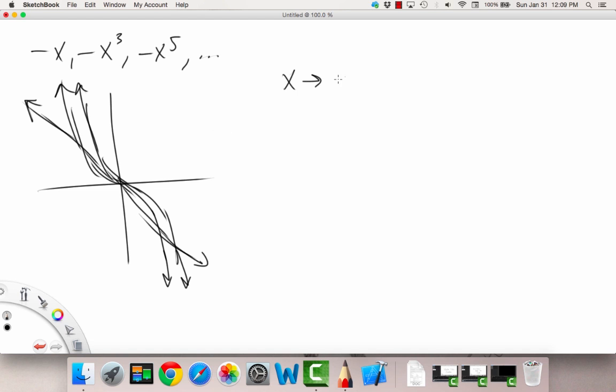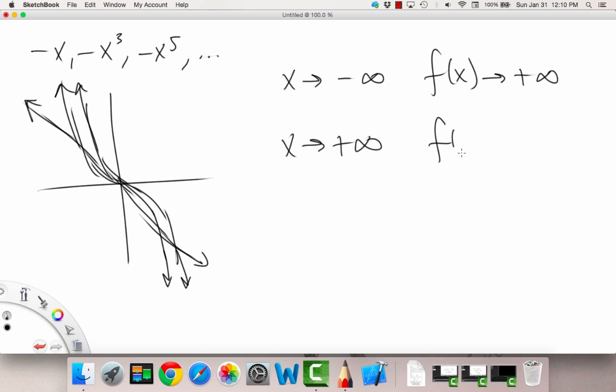On the left side, when x goes to negative infinity, our function value goes to positive infinity. As x goes to positive infinity, f of x is dropping down to negative infinity. So the thing to note with odd powers is that the long run behaviors on both sides of the graph are unlike each other.